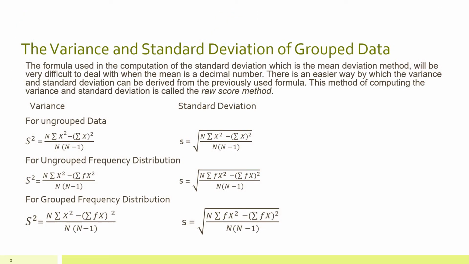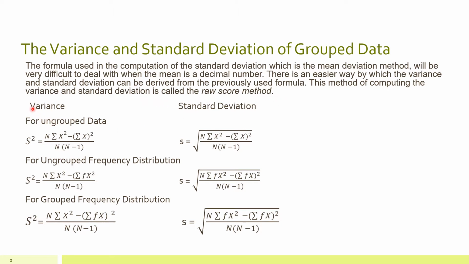The formula used in the computation of standard deviation, which is the mean deviation method, will be very difficult to deal with when the mean is a decimal number. There is an easier way by which the variance and standard deviation can be derived from the previously used formula. This method of computing the variance and standard deviation is called the raw score method.